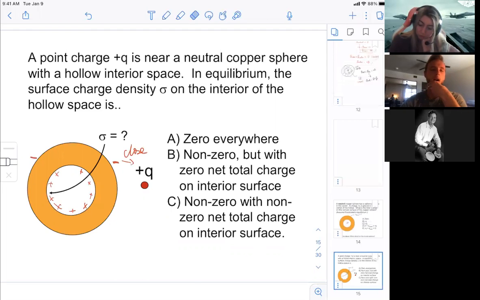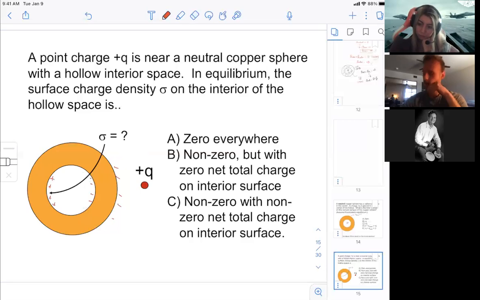So we have a different answer now. We think half and half, in the sense negative tries to be here and positive tries to collect over here. No, the other way: positive on the right, negative on the left, because on the outside you would get negative charges on the right.